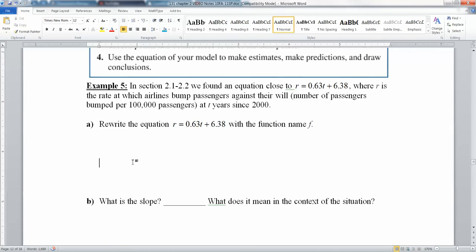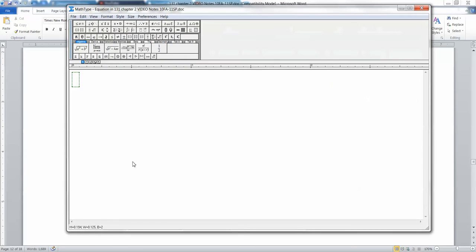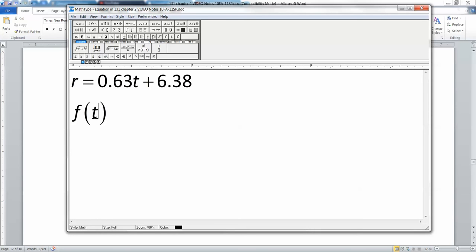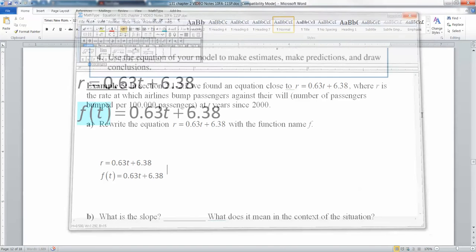So instead of writing r equals 0.63t plus 6.38, we are going to write f of t equals 0.63t plus 6.38. Instead of writing your y, which was r in this case, instead of writing your dependent variable, you're going to write f of independent variable. That's function notation.